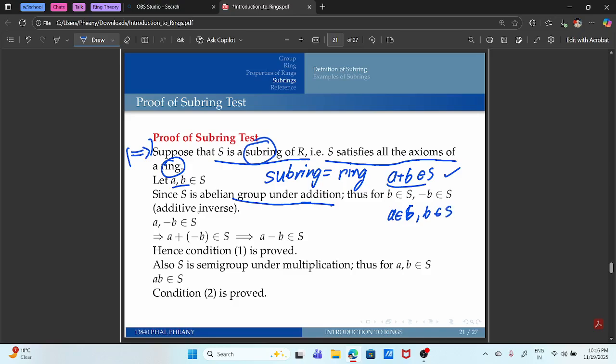Since it is a group, it has additive inverses also. So the additive inverse of b is minus b. Since b belongs to S and S is a group, the additive inverse also belongs to S. Yes, that is the property of a group; you have to remember that.